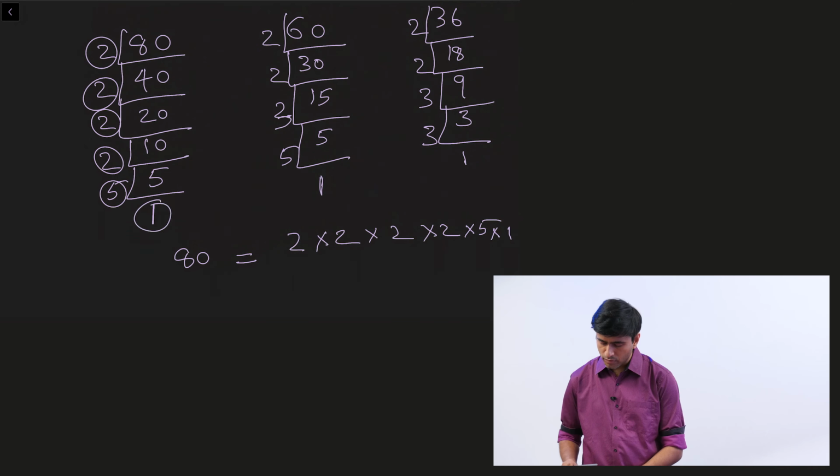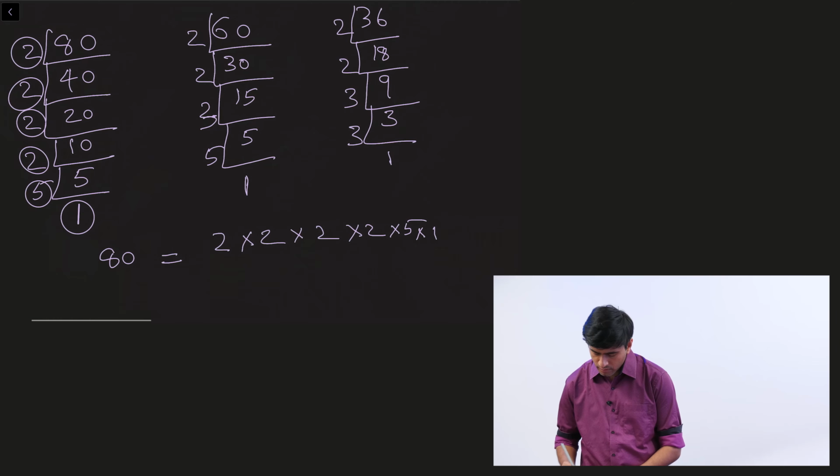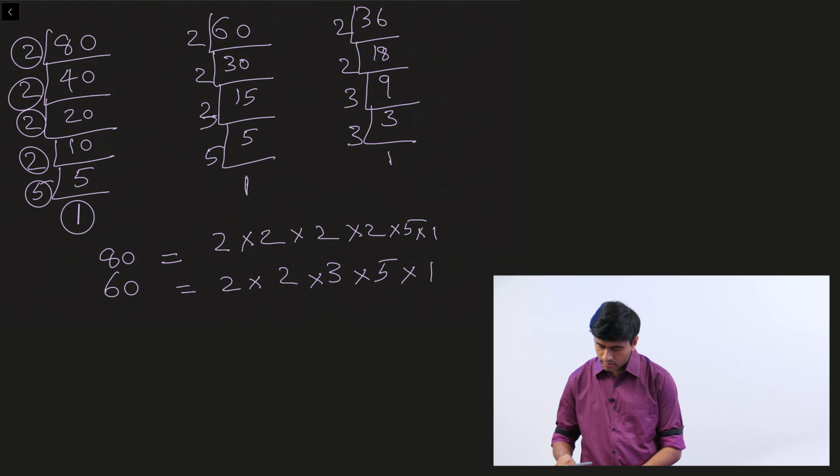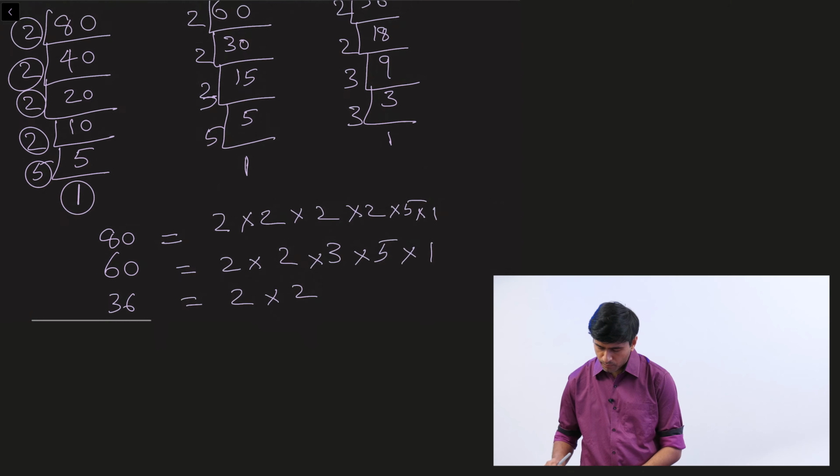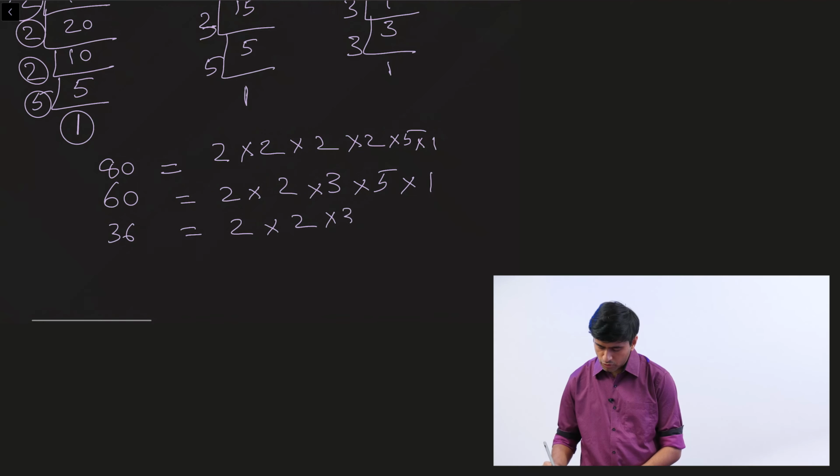In the same way, let's do it for 60. 2 into 2 into 3 into 5 into 1. And for 36, 2 into 2 into 3 into 3 into 1.